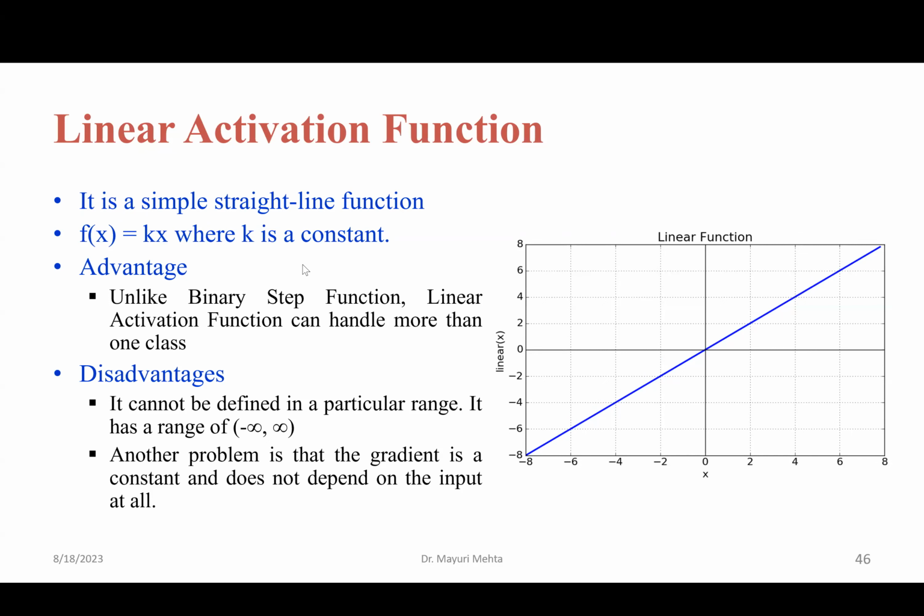Though it is very simple to implement and very simple to understand, it does not help with the complexity or various parameters of input data which we feed to neural networks. So if the data is complex, this linear activation function is not useful.